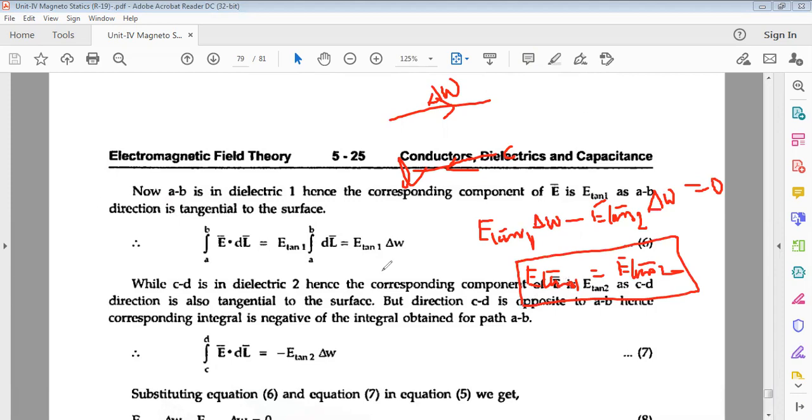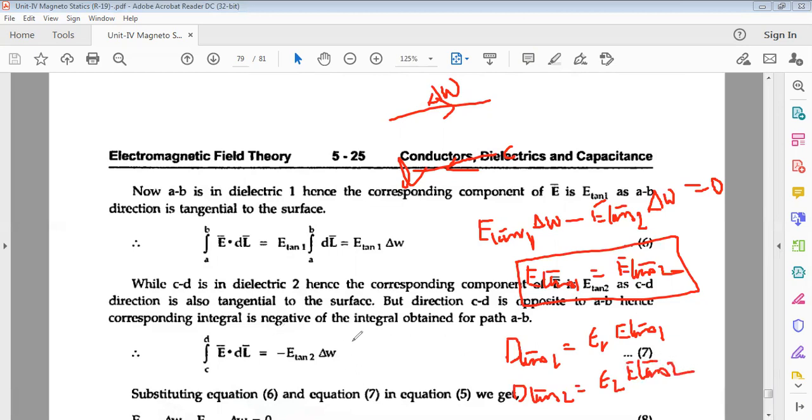Coming to the electric field and electric flux relation of E tan 1 and E tan 2: D tan 1 is equal to epsilon 1 into E tan 1, and D tan 2 is equal to epsilon 2 into E tan 2.